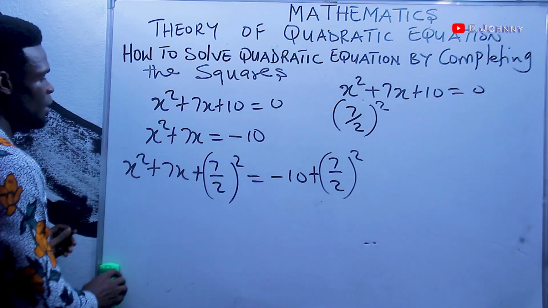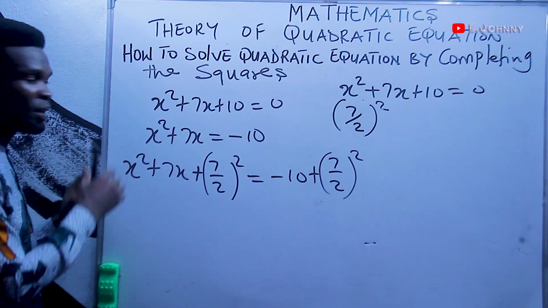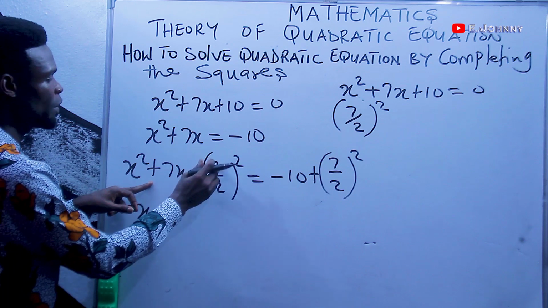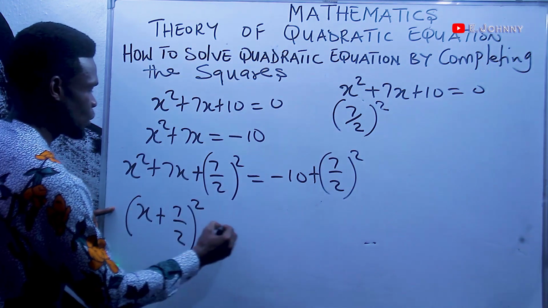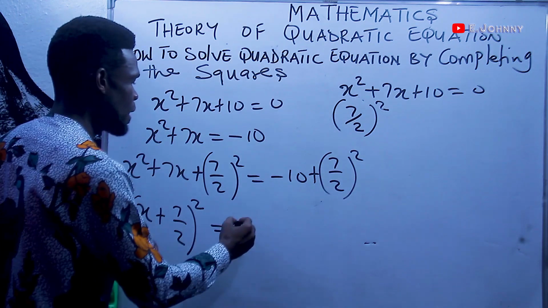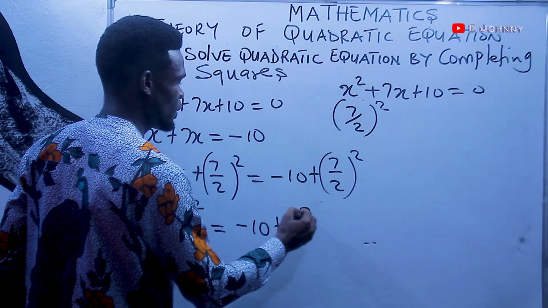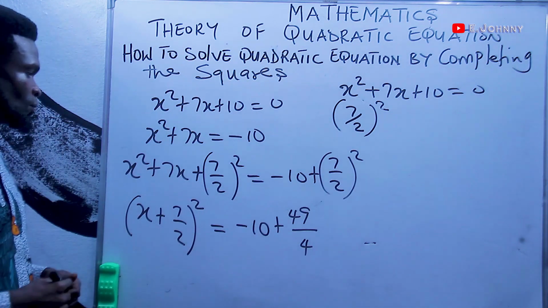Now look at the left hand side. You can now factorize it like we did. So x, you pick one x here, plus you pick 7/2, everything raised to power 2, equals minus 10 plus 7 squared is 49, all over 2 squared is 4.